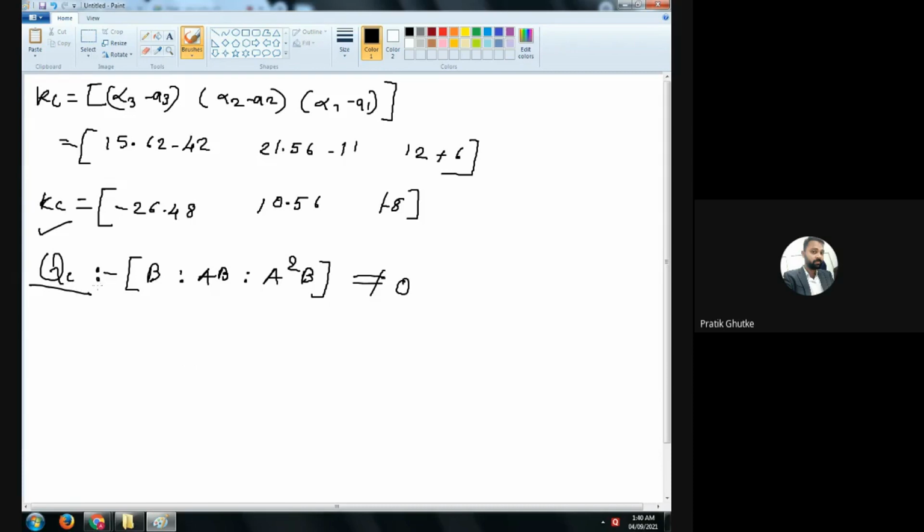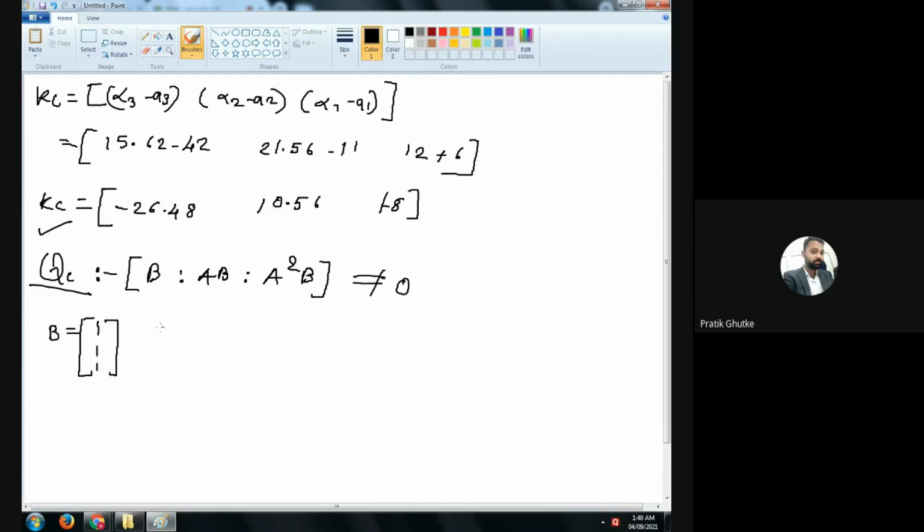So I have to find that here. This is my B matrix, yes, I have given it already. B, AB. B matrix is 1 1 1.